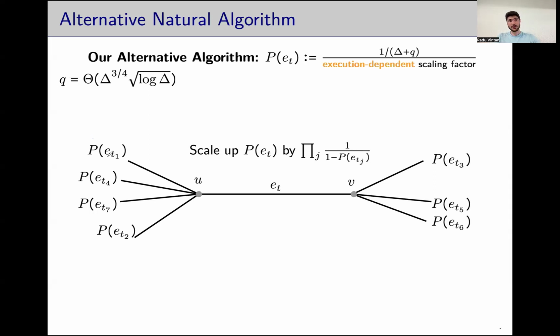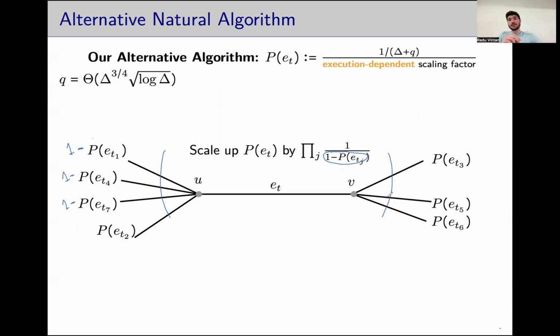But in a fixed execution, the algorithm will look at the concrete instantiation of this random variable that it has used. And this is some number. And then the algorithm will say, okay, this edge was matched with this probability, so it wasn't matched with this probability. And similarly, E_t4 was not matched with this probability and E_t7 with this probability. So if I look at the current execution, it seems that reaching this situation where U and V are free happened with probability given exactly by this product: the product of 1 minus P of E_i taken over all of these edges here.